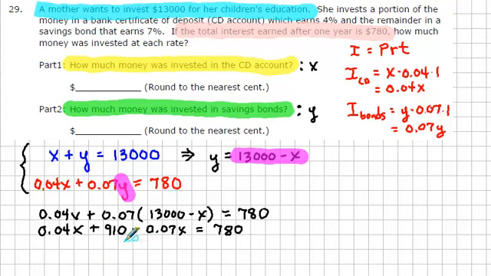Now on the left-hand side, we can combine the like x terms. 0.04 minus 0.07 is minus 0.03. So we get minus 0.03x plus 910 is equal to 780. Now we can take away 910 from both sides, and that gives us minus 0.03x is equal to 780 minus 910, which is negative 130.